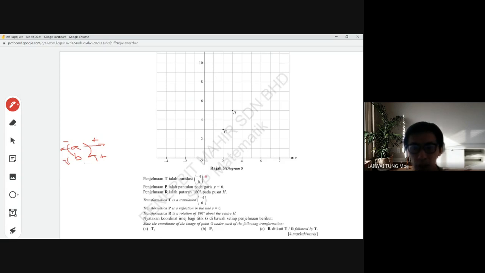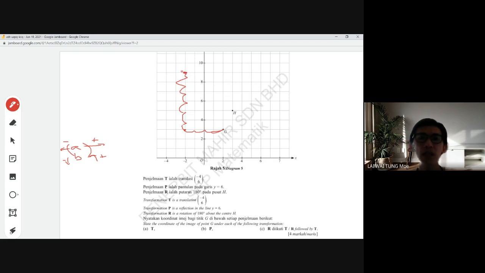So now look at the -4. A is a negative value, so we have to move it to the left hand side 4 units. We start from G: 1, 2, 3, 4. So it will stop at this point. And after that, 6 is positive, so it goes up 6 units. From here, 1, 2, 3, 4, 5, and 6. So it stops here.